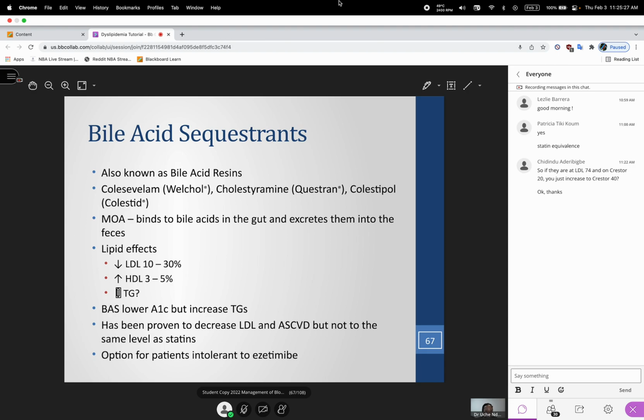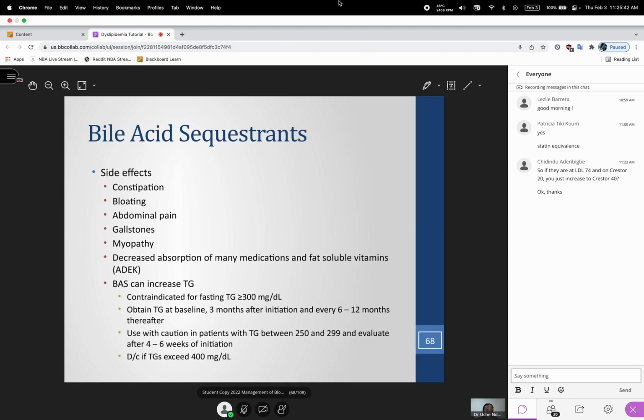Bile acid sequestrants, we do not want to recommend for patients that have high triglycerides. We prefer it over ezetimibe. But if a patient is intolerant to ezetimibe and maybe cannot afford a PCSK9, then you could consider the bile acid sequestrants. They're hard to take.